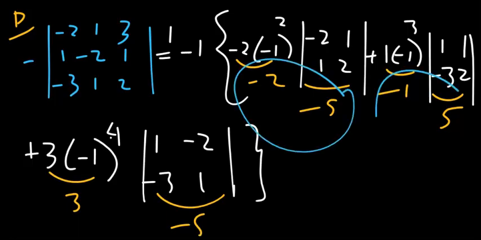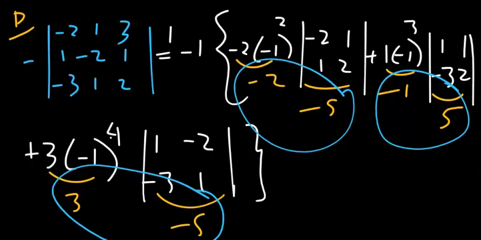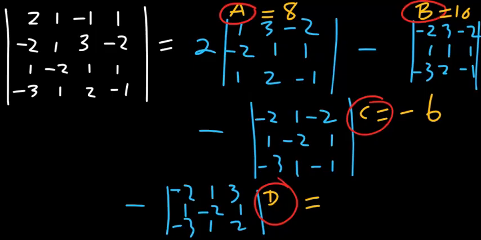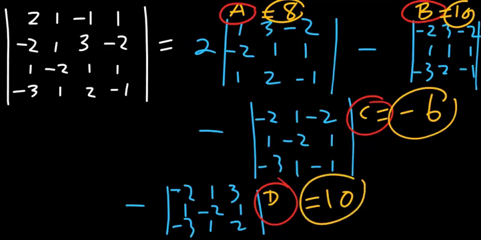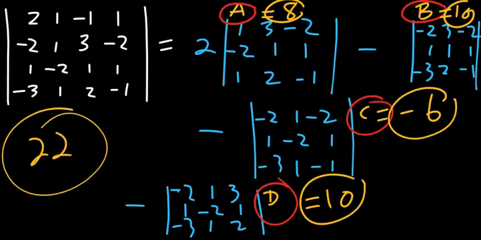Overall, 10 minus 5 is 5, 5 minus 15, minus 10 times minus 1, you get 10. So D is 10. So the final answer is 8 plus 10 plus minus 6 plus 10 is 22. That is the answer to this determinant.